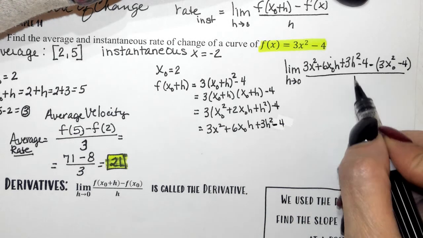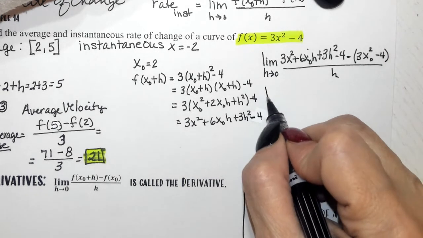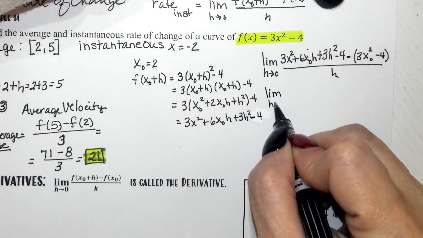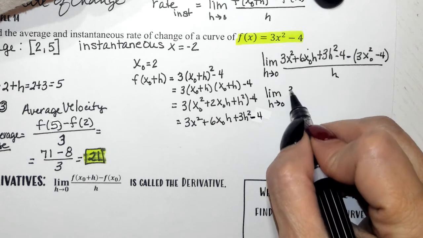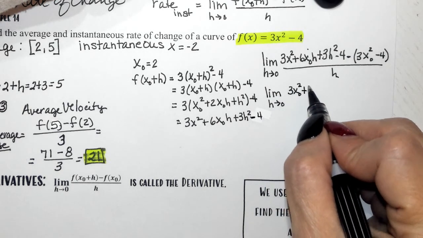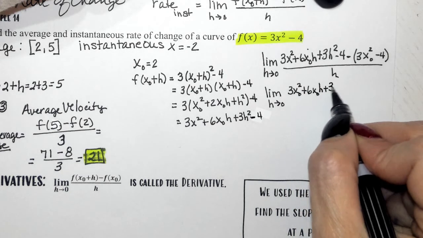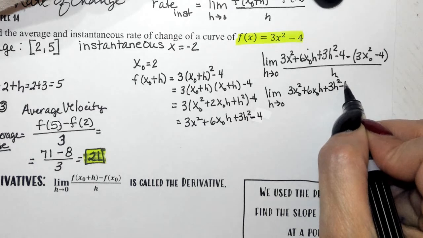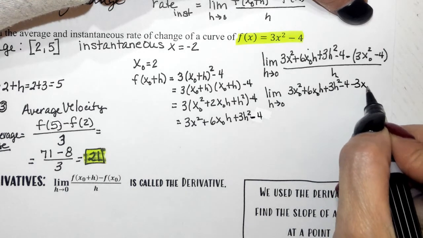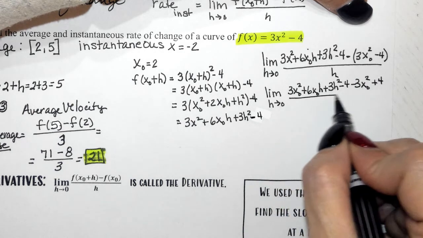All right, limit as h approaches 0 of 3x naught squared plus 6x naught h plus 3h squared minus 4 minus 3x naught squared plus 4, all over h.